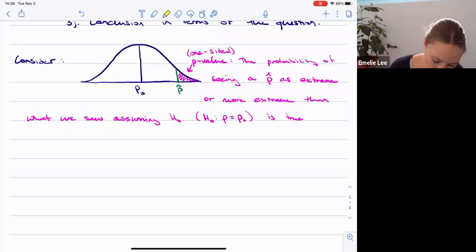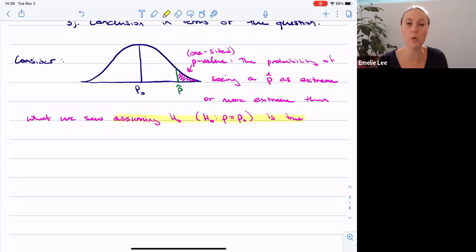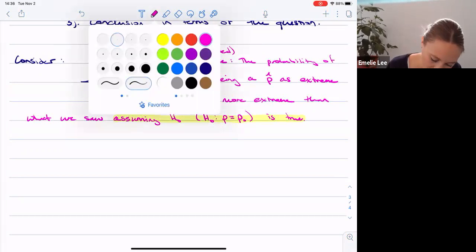Okay, so that's going to be really important. Assuming that the null hypothesis is true, that's why we have to state our conclusion in terms of: do I reject H naught or not? Or do I not have enough evidence to reject H naught?